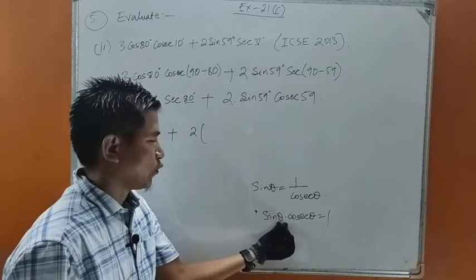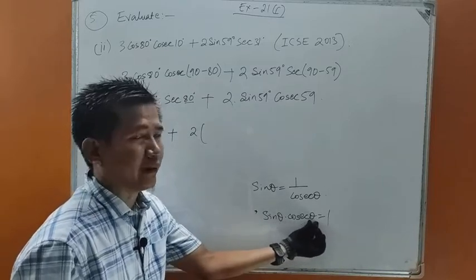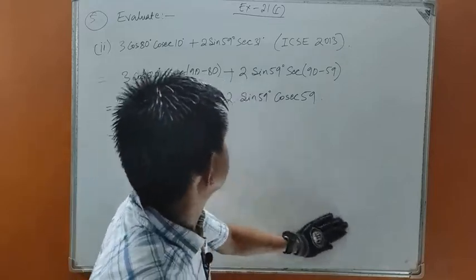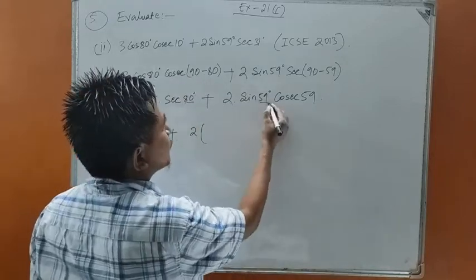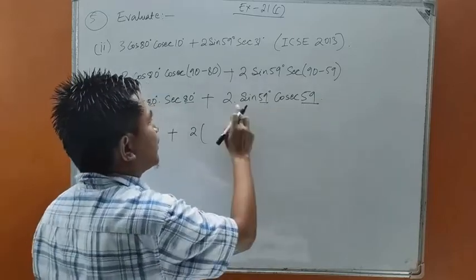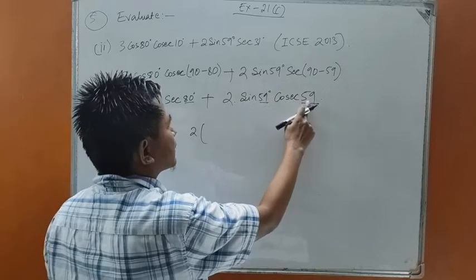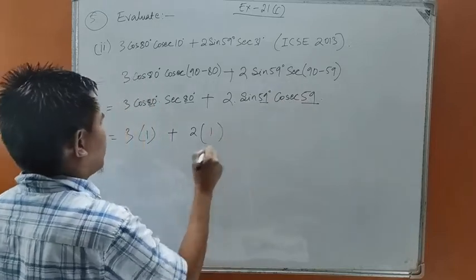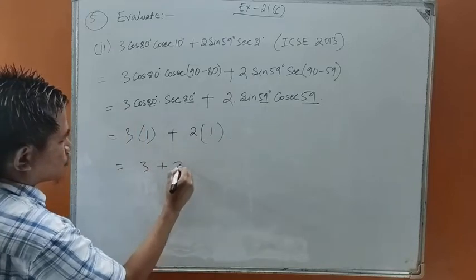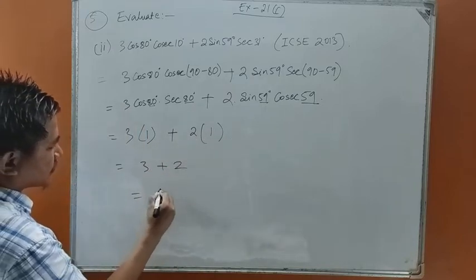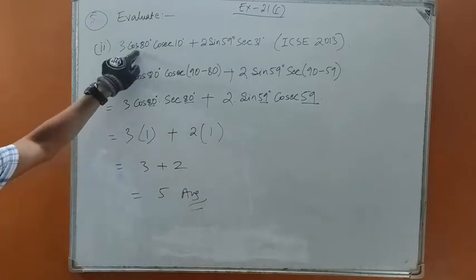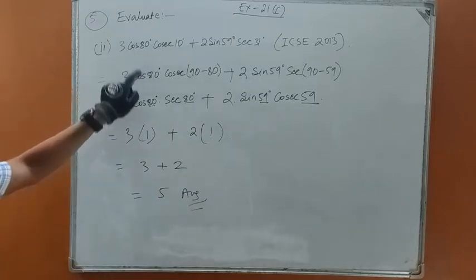If we have different angles, the product will not give 1. Here also the angles are the same, 59 and 59. So 3 into 1 is 3 plus 2 into 1 is 2. 3 plus 2 is 5, isn't it? This is the answer for this expression. We were asked to find the value of this expression and the answer is 5.